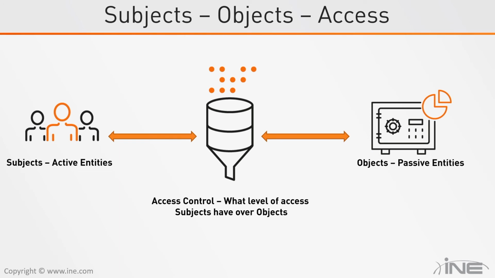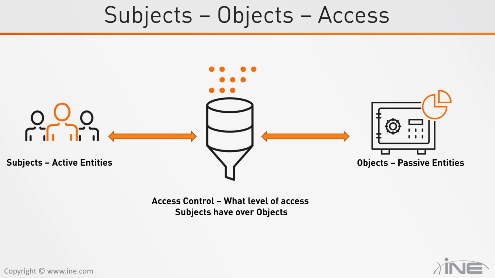And objects are resources in any place. So this could be files, documents, records, or anything that is passive on the system. The relationship between subjects and objects is that subjects, which are active, work over the objects, which are resources that are inactive.